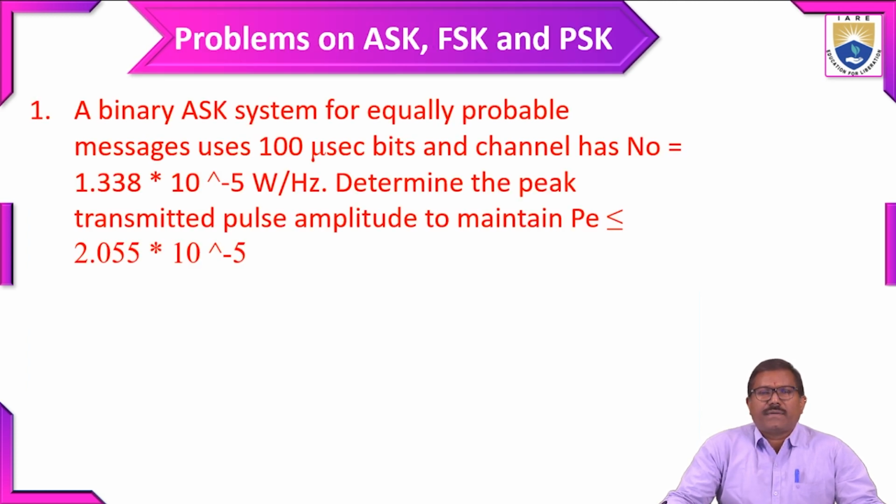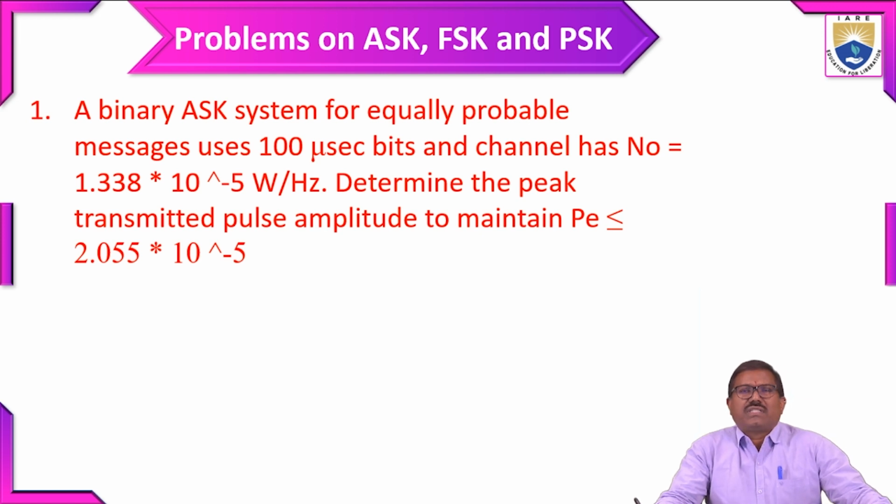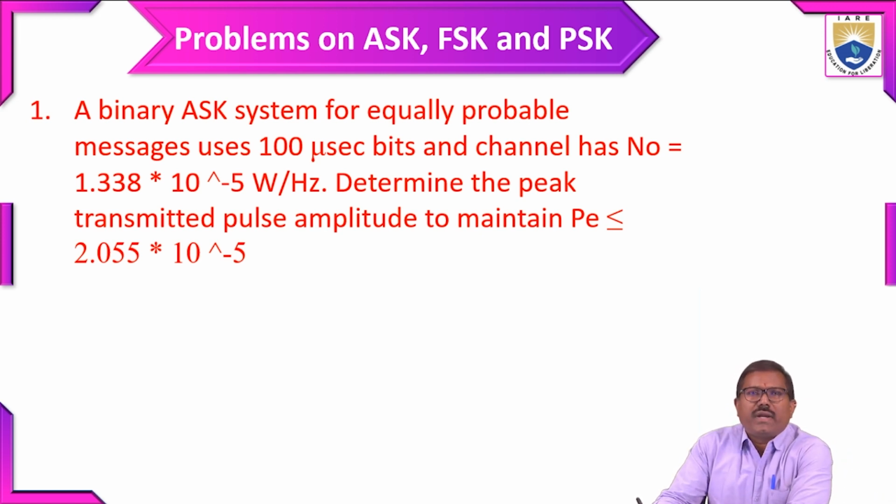The first one. A binary ASK system for equally probable messages uses 100 microsecond bit duration, and the channel has noise spectral bandwidth of 1.338 into 10 power minus 5 watts per hertz.